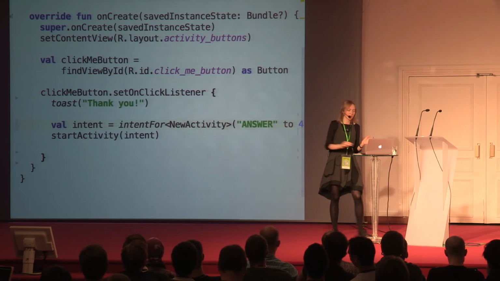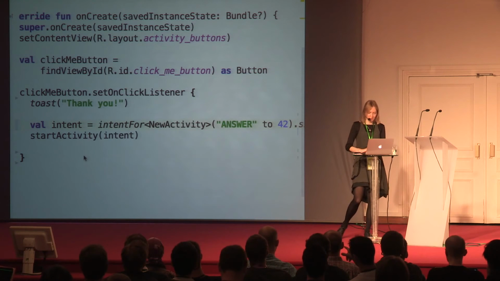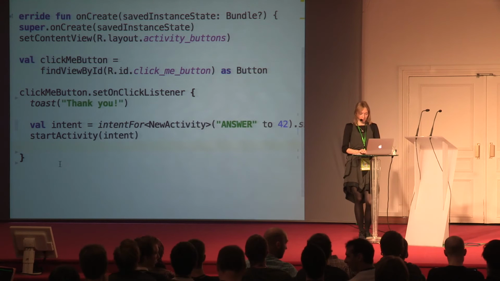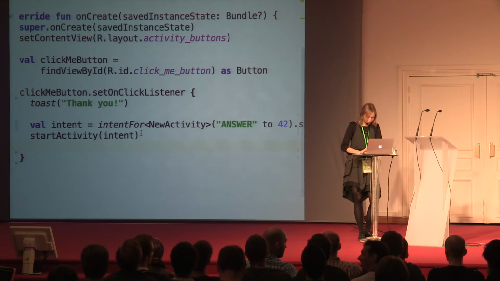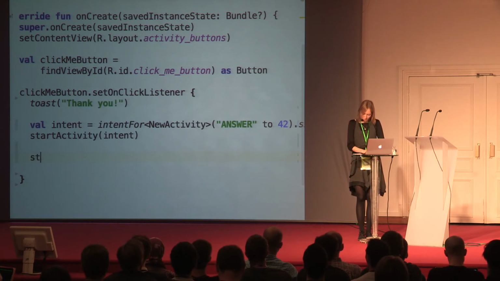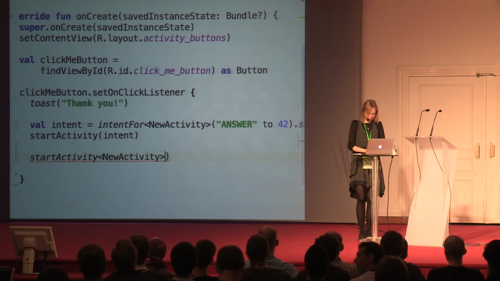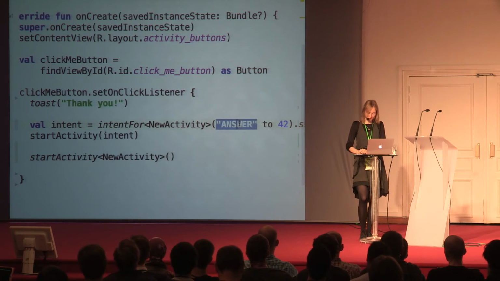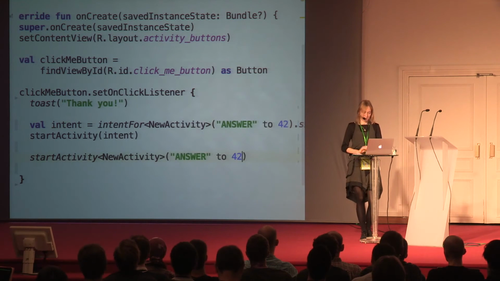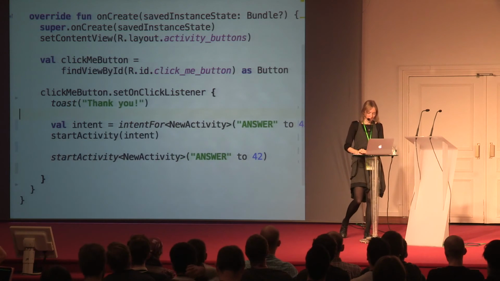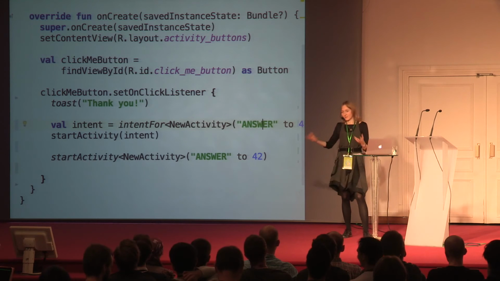Now in Kotlin, it just looks a bit simpler with the help of extension functions. If your activity doesn't have a flag, you can do it like this: new activity, and just specify its parameters. It's indeed a bit clearer. And why does it work? Because of extension functions.